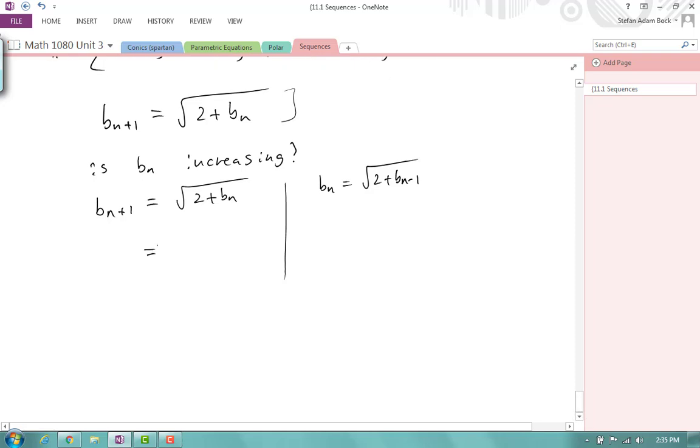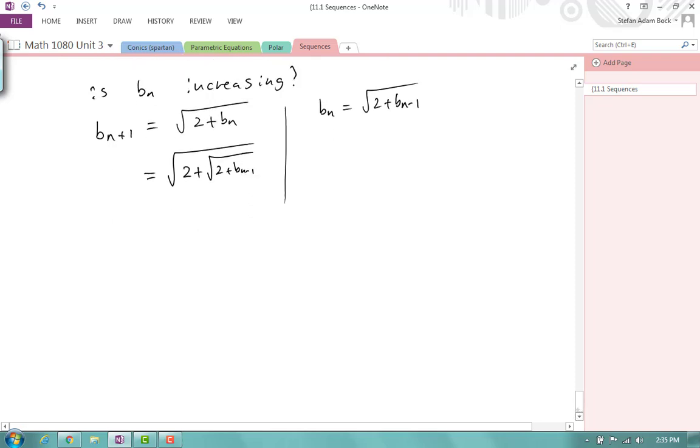So this over here is equal to the square root of 2 plus the square root of 2 plus b sub n minus 1.